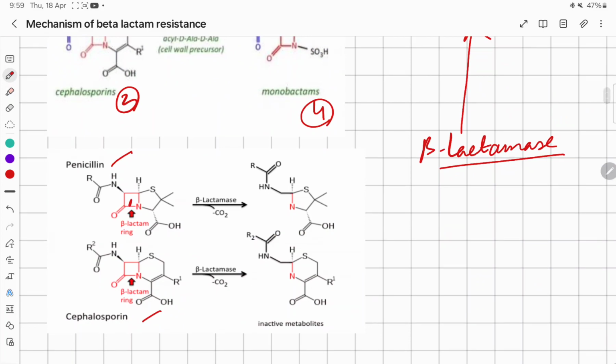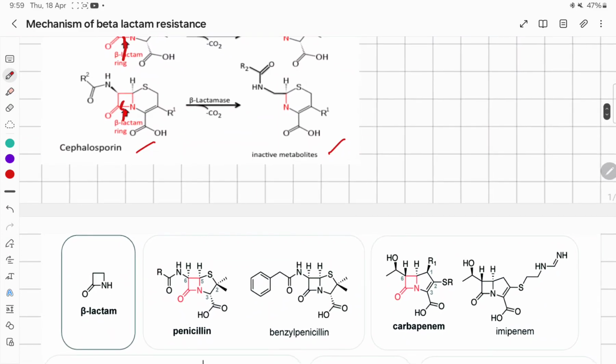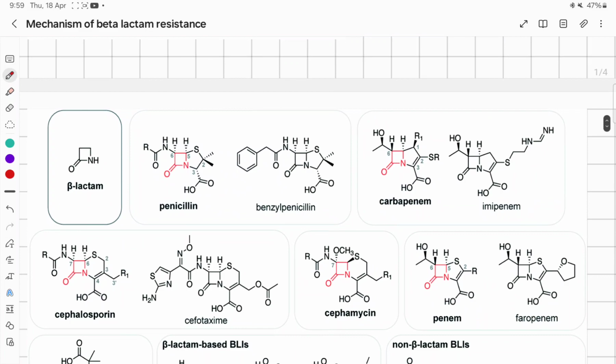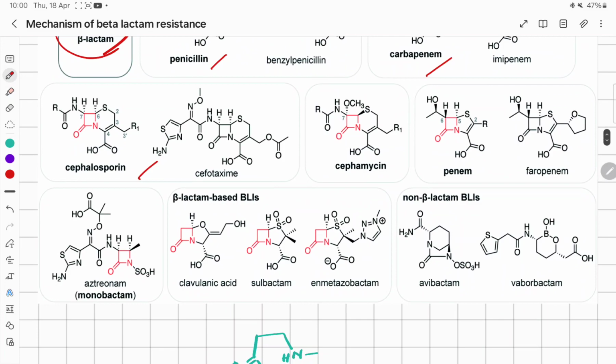This is the area where the beta lactamase breaks the beta lactam ring and produces inactive metabolites which do not have antibacterial action. This beta lactam nucleus is present in penicillins, carbapenems, cephalosporins, and monobactams.